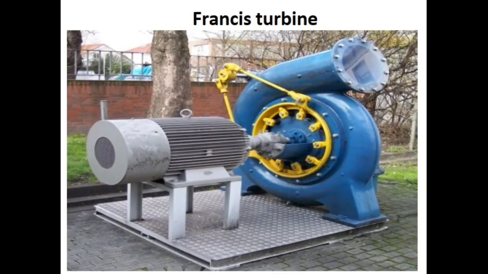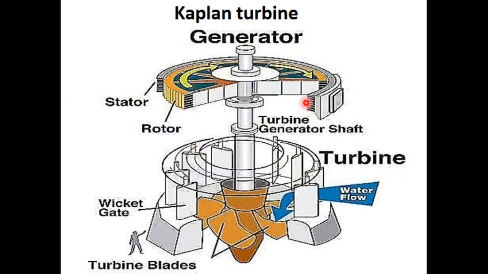This is a Francis turbine. Here we can see the inlet valve from where the water enters the turbine. This is the eye of the turbine, or eye of the impeller, this is a shaft, and this is a generator. This is a Kaplan turbine.